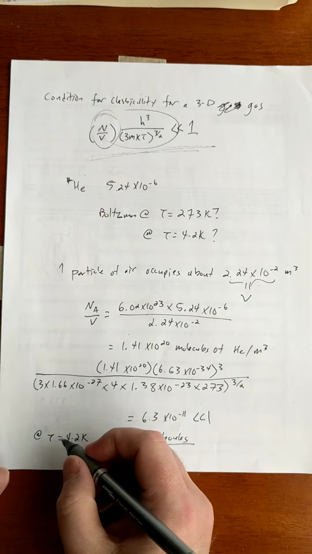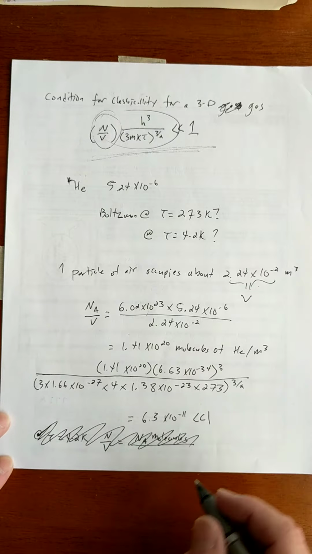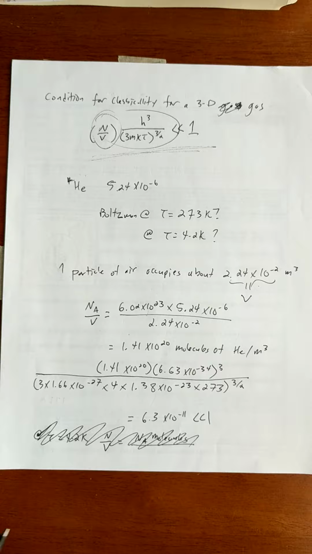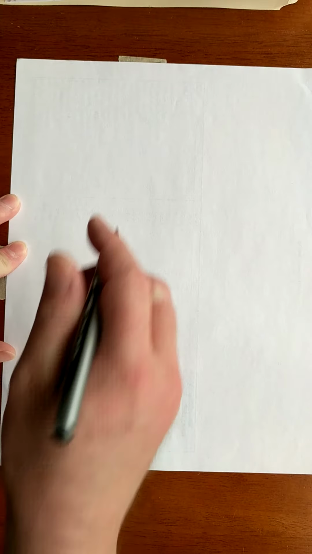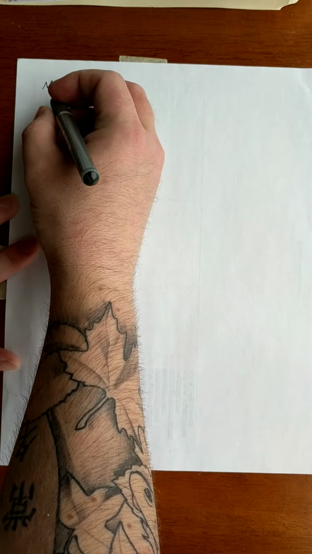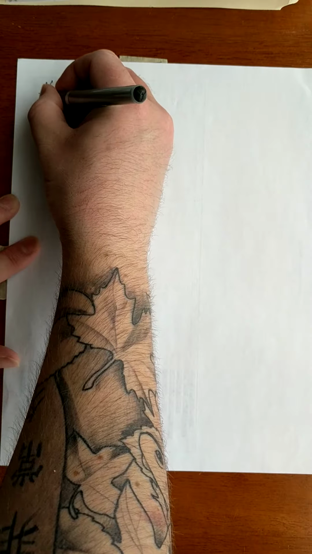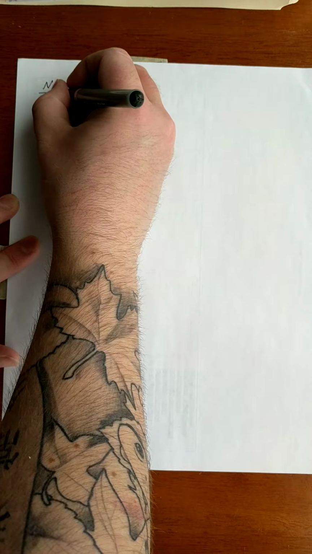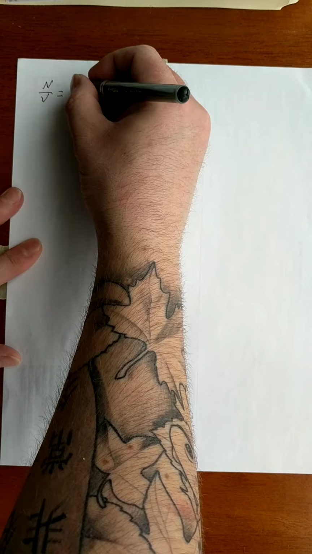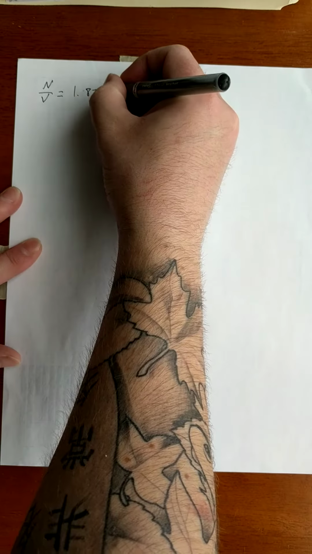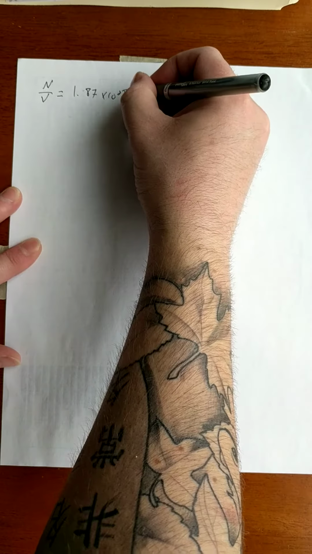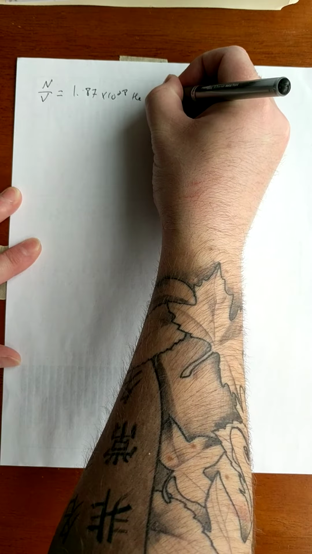So I paused because the book writes this in a really confusing way. So I'm just going to skip over a couple things of what the book says and just write that the density of helium atoms at that temperature is 1.87 times 10 to the 28 helium atoms per meter cubed.